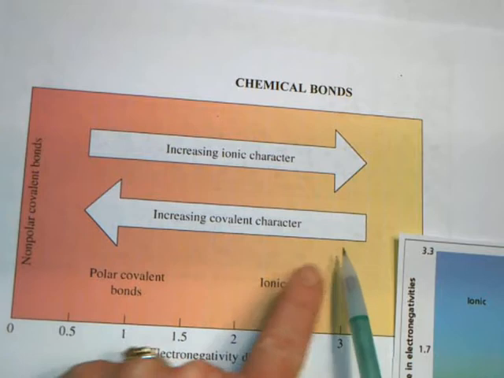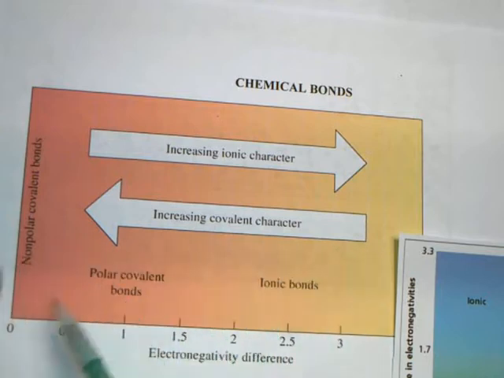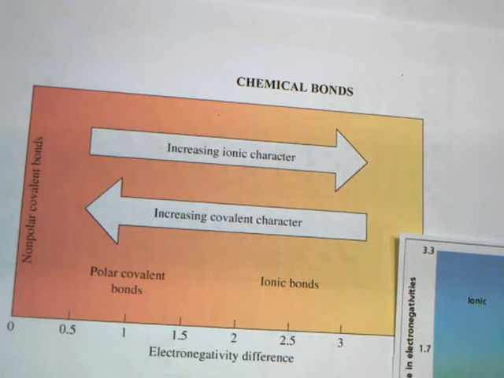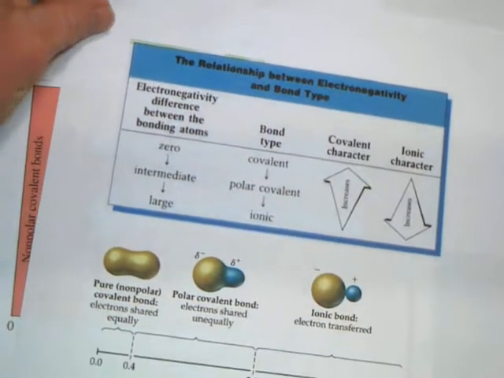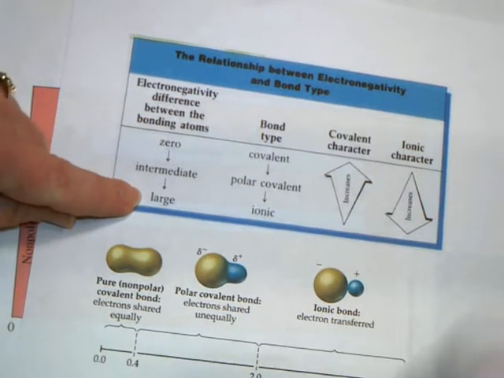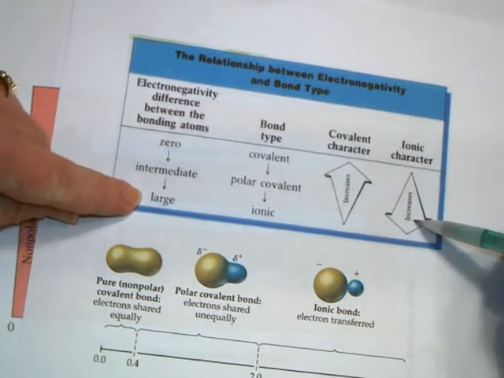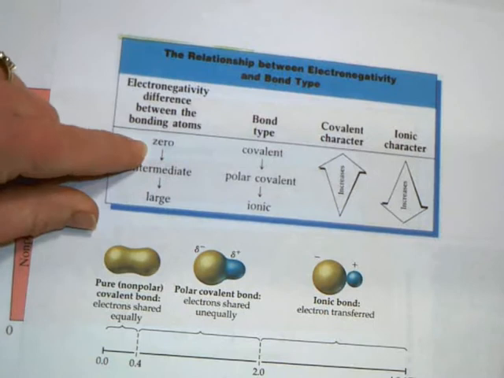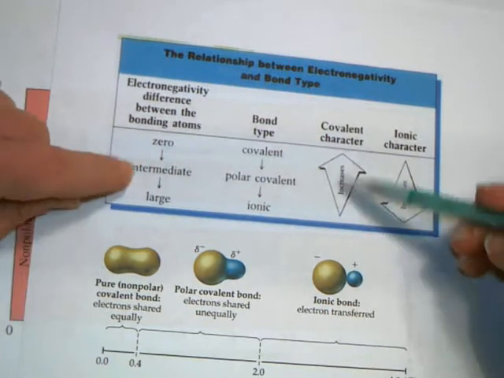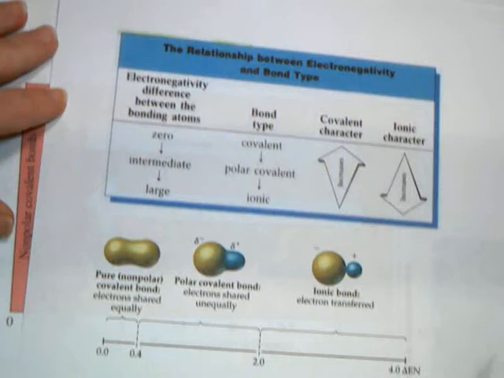Where when our electronegativity difference creeps closer to 0, we increase the covalent character. I think this is another good graphic. As the electronegativity difference increases, so does the ionic character. As the electronegativity difference decreases, the covalent character increases.